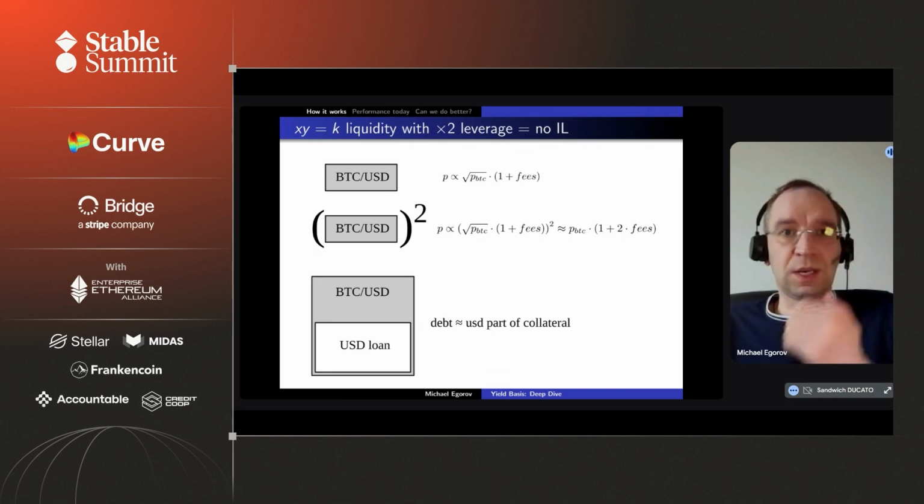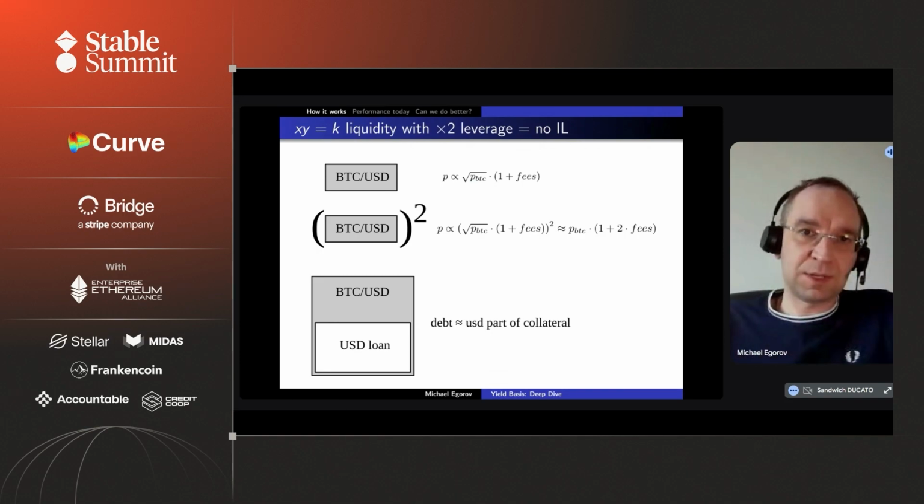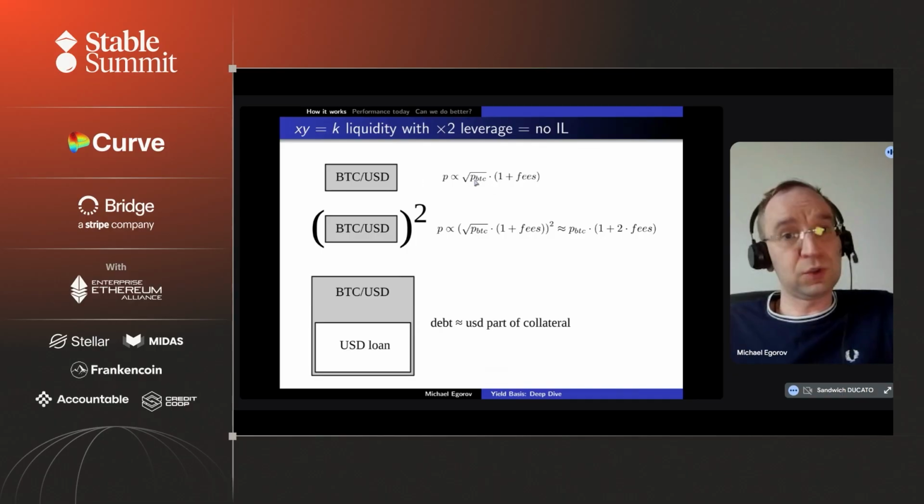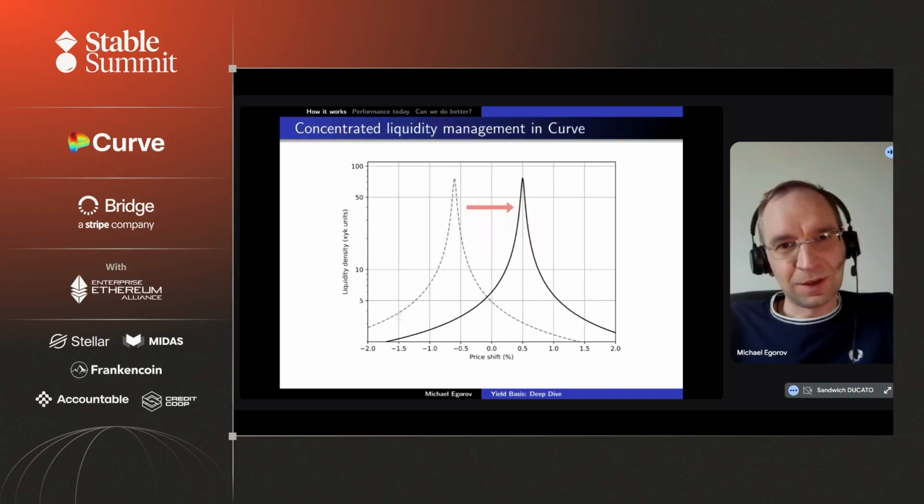So if you take automatically managed concentrated liquidity, its pricing will be also similar to this, but when you remove this square root by taking a loan by leveraging your liquidity, you will have essentially almost Bitcoin, which is up only in Bitcoin terms, right?